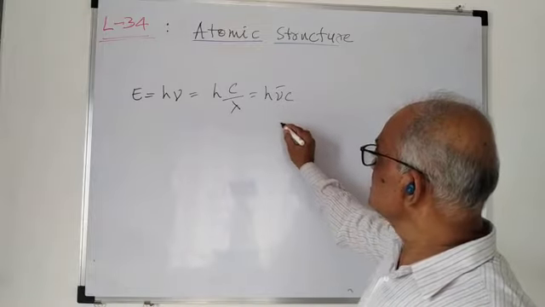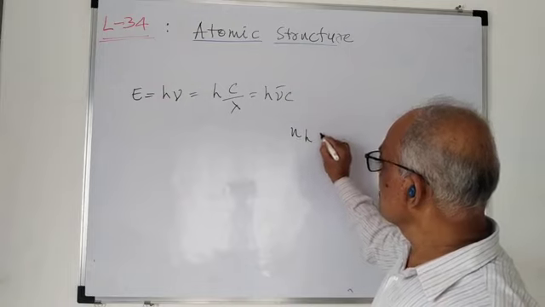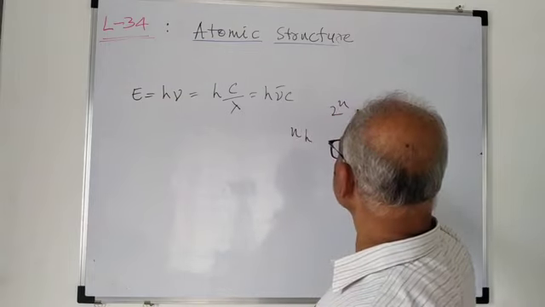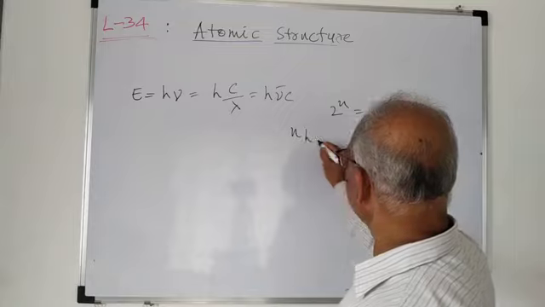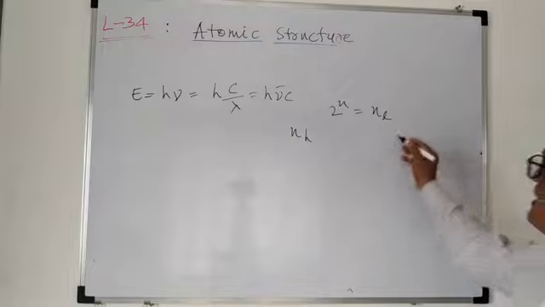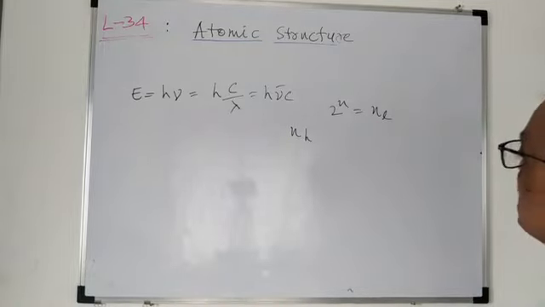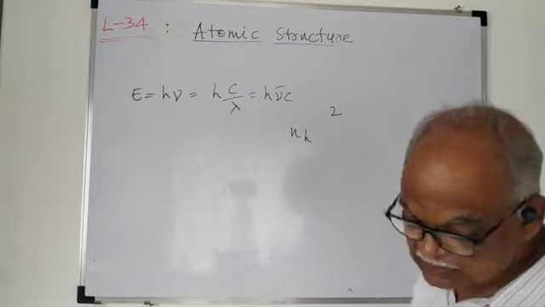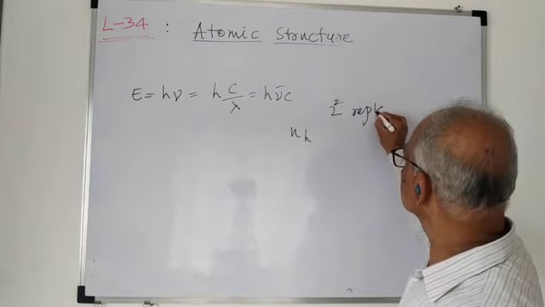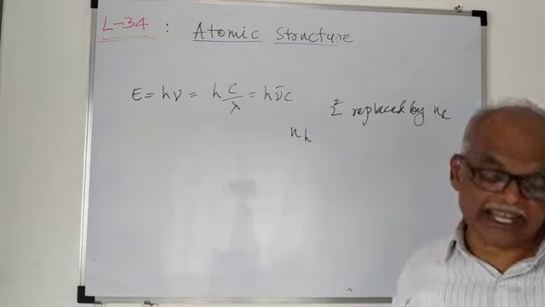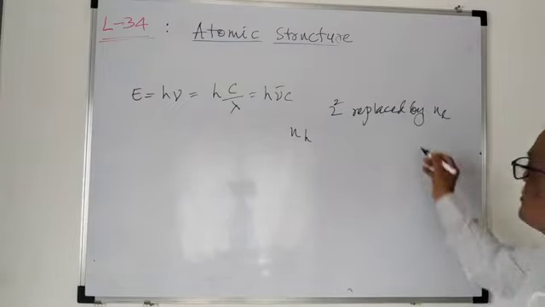Here 2 square is replaced by nL, and nH is replaced by any other number, so the terms become nL and nH.